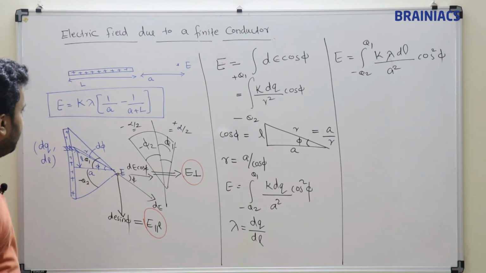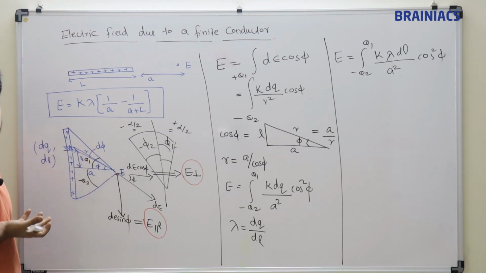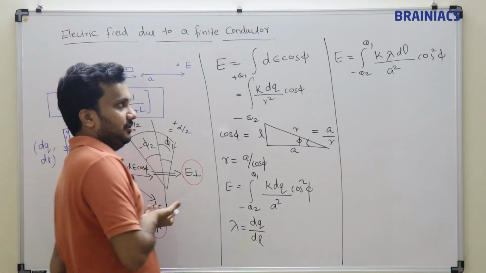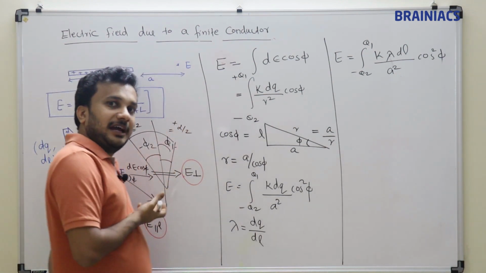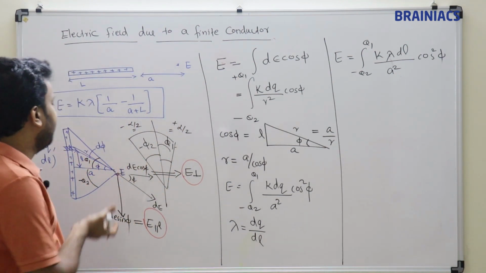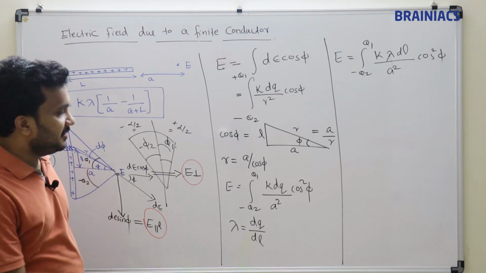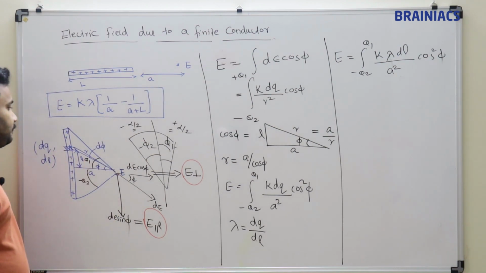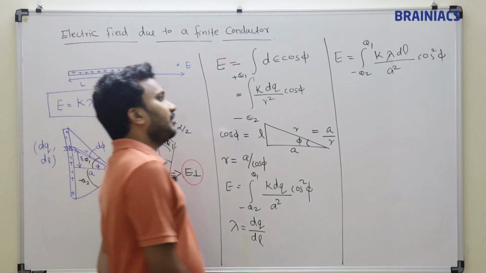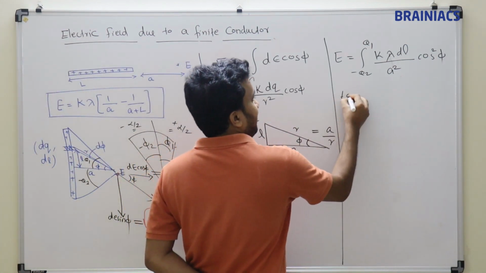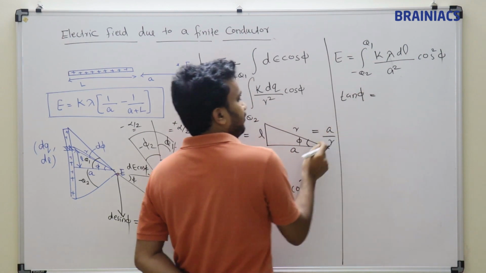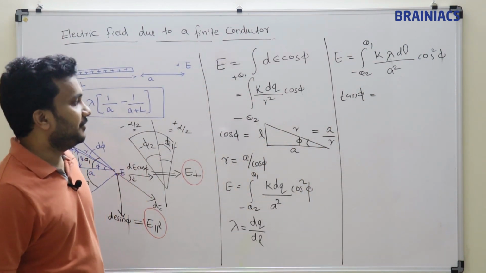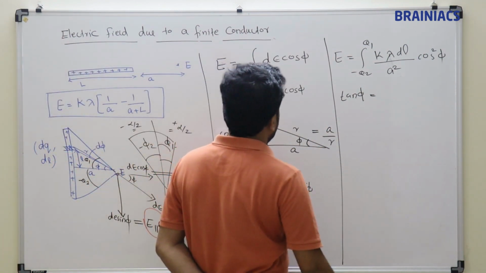Now dl is a current element, which is also not normally given in the question. So we have to remove dl. How can we remove it? We'll take another trigonometric relation from this triangle. What is tan phi? Opposite side divided by adjacent side.